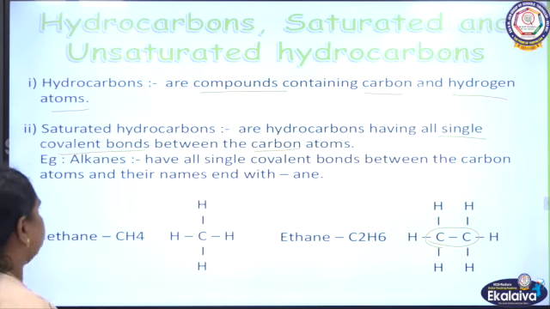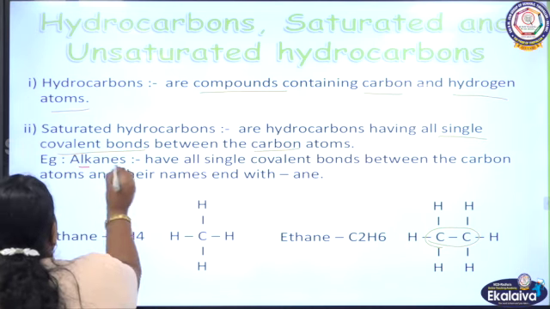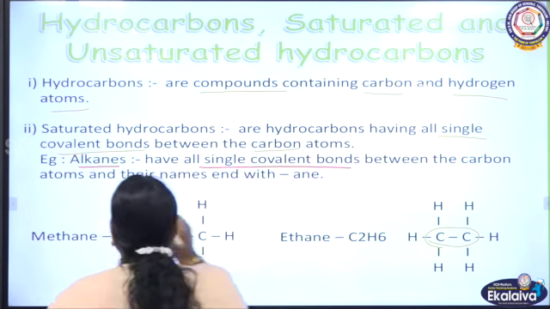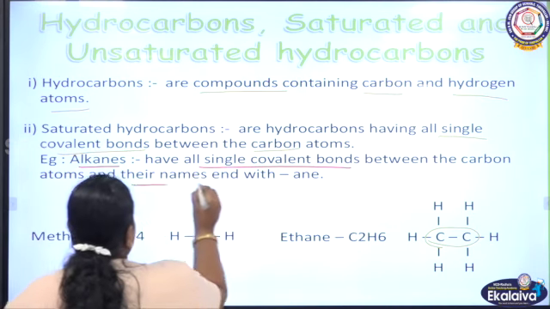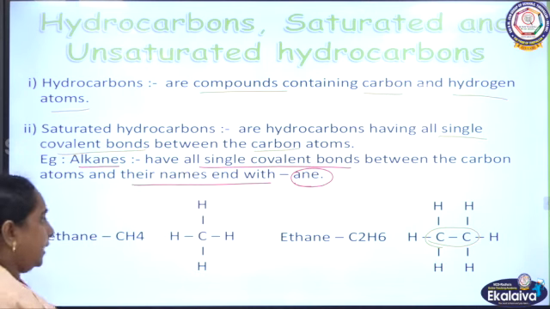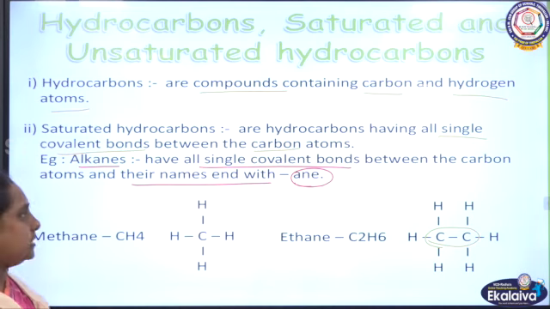Example, methane, already we have checked. So, what are called alkanes? They have single covalent bond between carbon atoms and their names end with ANE. So in detail we are going to check how to name the compounds after this discussion.